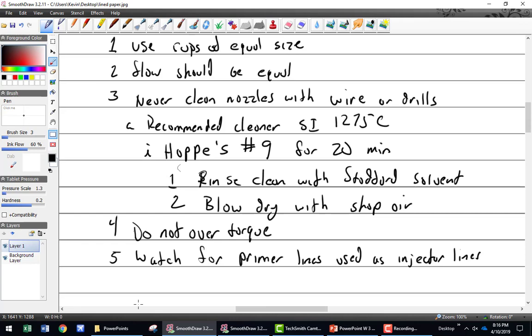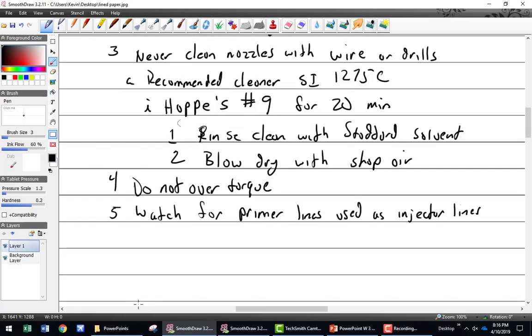Primer lines are what you guys are familiar with on the ground power unit. You pull the primer and push it in. It's the line that actually runs around. That's a primer line. Injector lines are stainless steel, and they're just a little bit different size, a little bigger. Or smaller. They're different. I think the inside diameter is smaller. And then, let's see, primer lines.